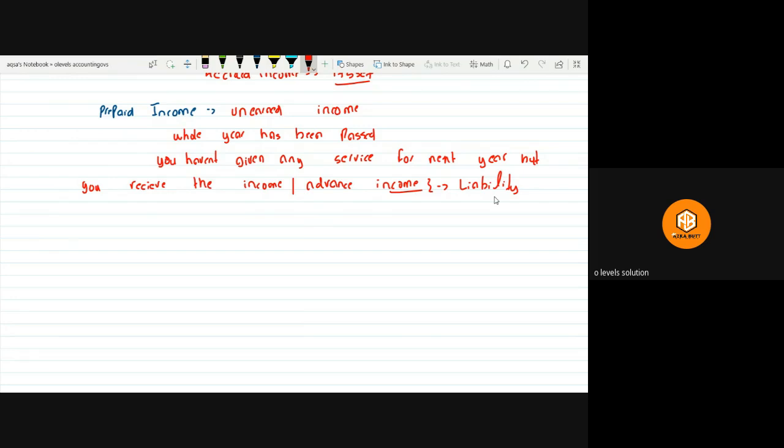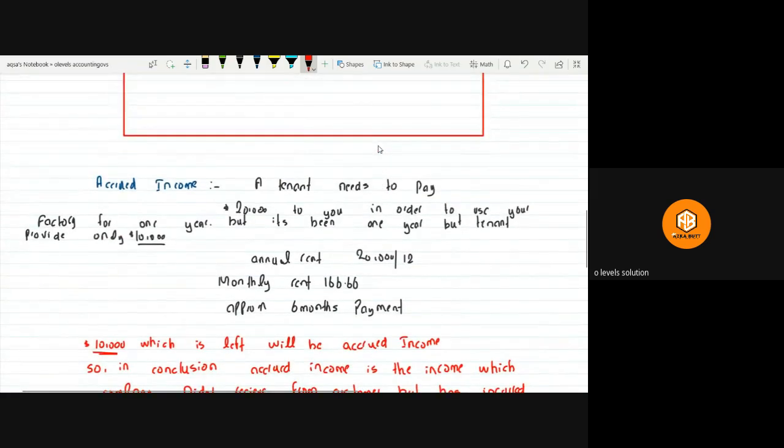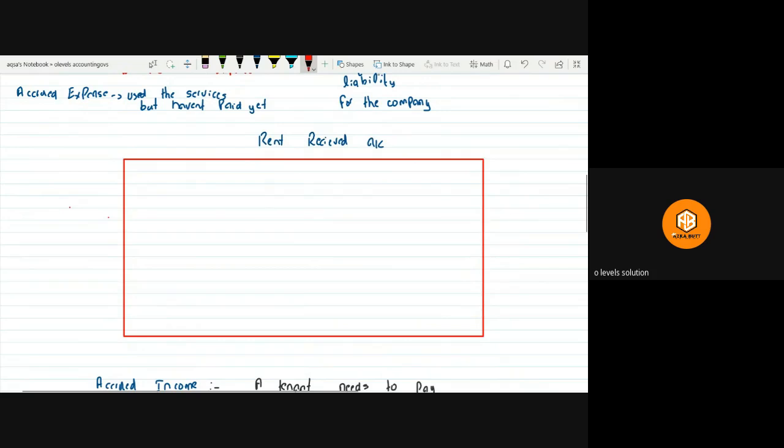You received the income from them for the next 4 to 6 months, but you haven't given any service yet. So it means that you have to pay it back to the customer sometime. That is why this is a liability for the company. Accrued income is an asset, prepaid income is a liability. Okay.